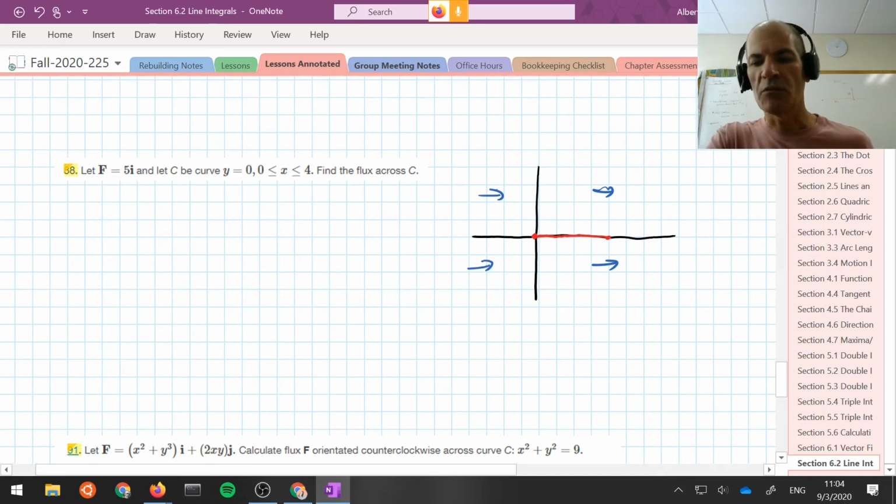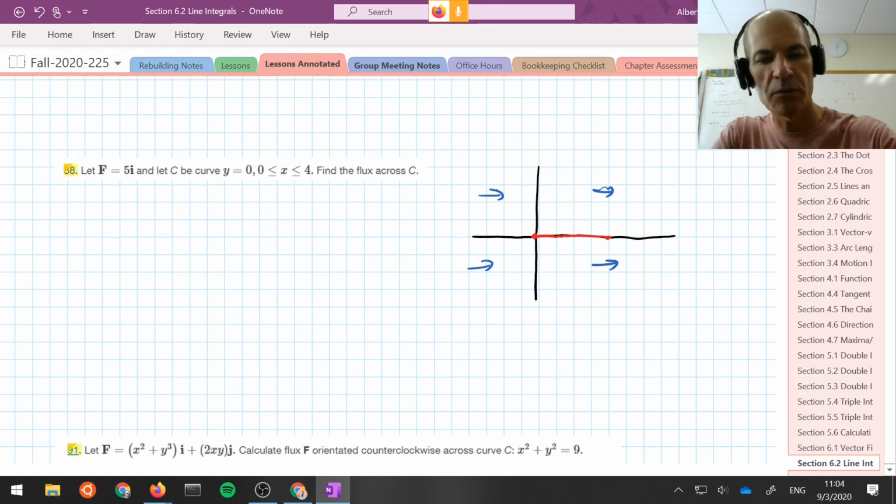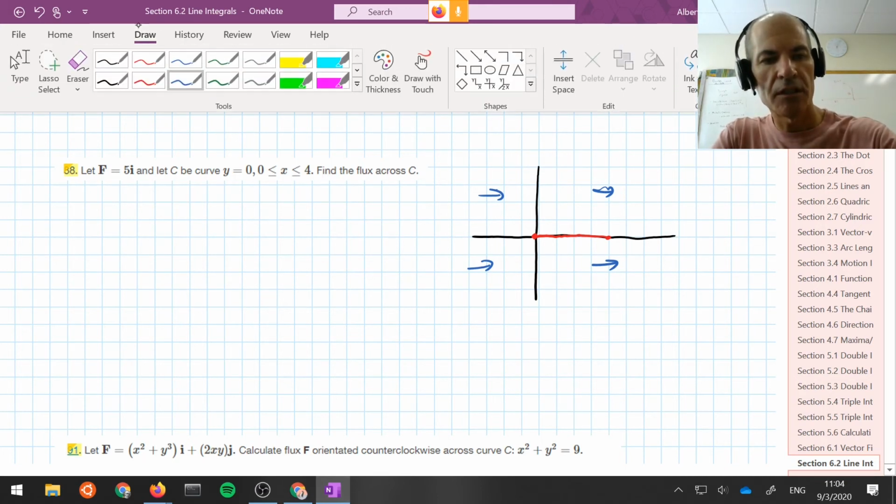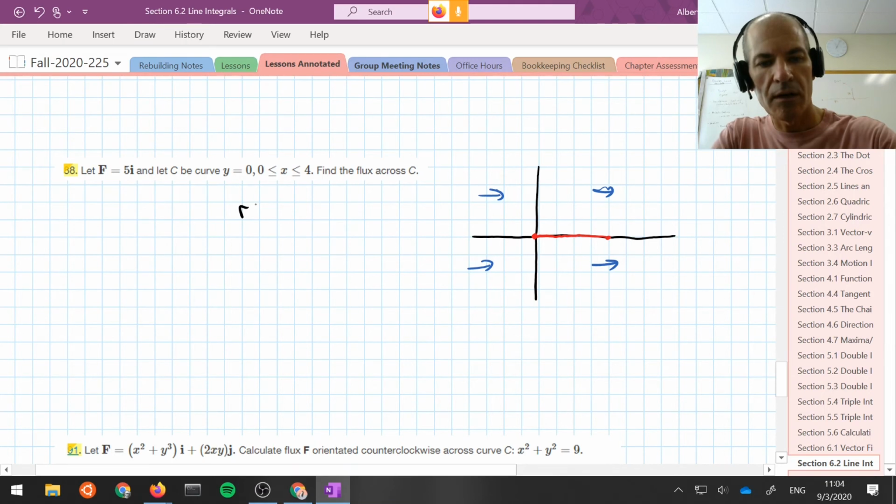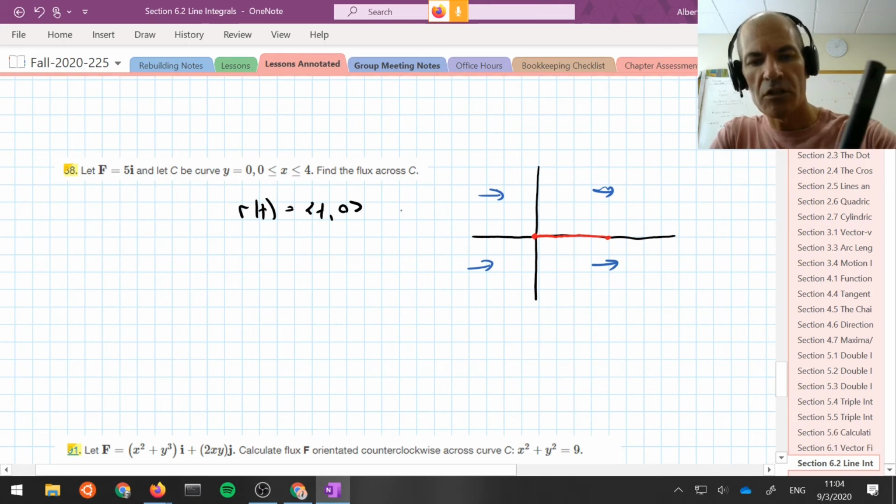So if we're interested in the flux of this field across this line segment, we can just look at it. We know that it's going to be 0. But let's see how the mathematics play out. Let's parameterize this curve in the usual way. So r of t is going to equal t, 0, and the parameter range is going to go from 0 to 4.